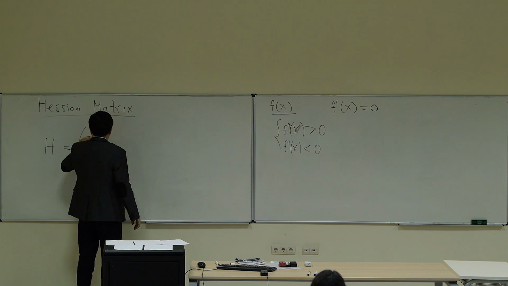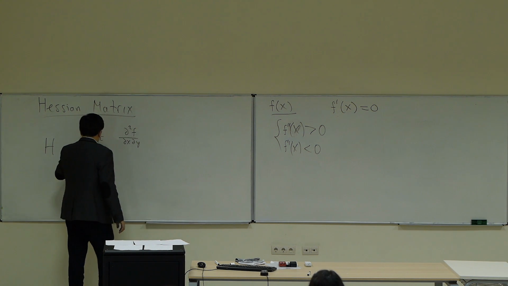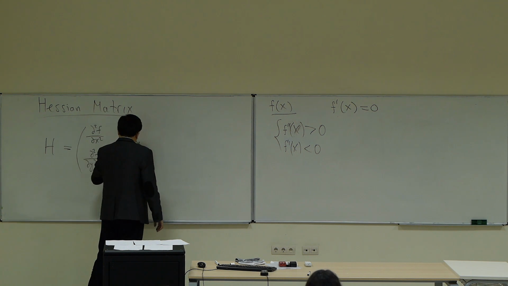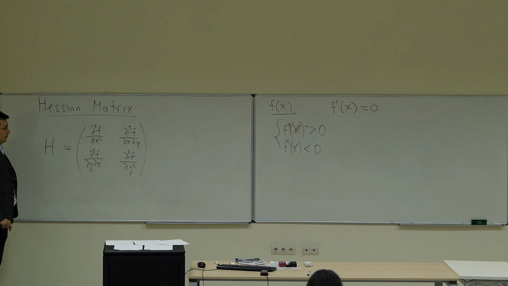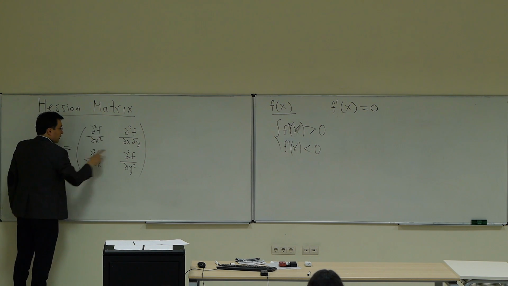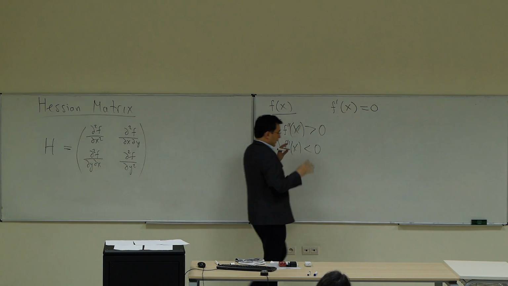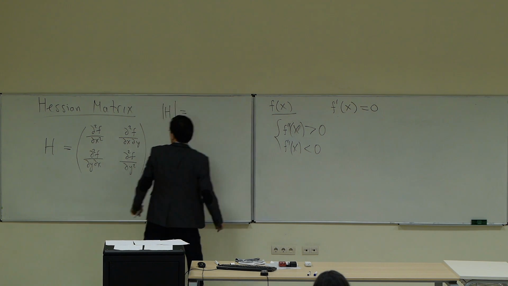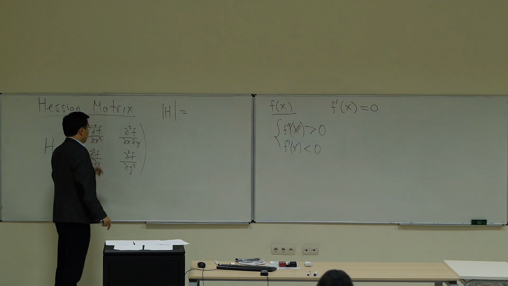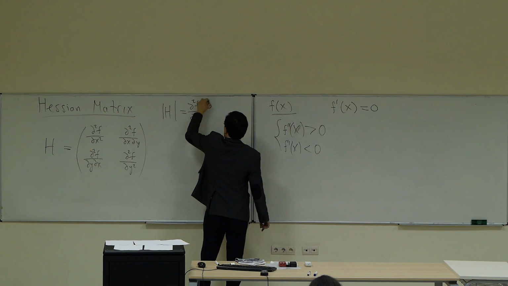Some of you know it already. So this is a matrix of second derivatives with respect to x and y. What is important in this context is the determinant of this matrix. The determinant will be this multiplied by this minus this multiplied by this, d squared f dx dy.